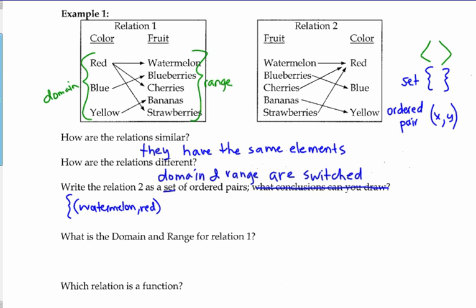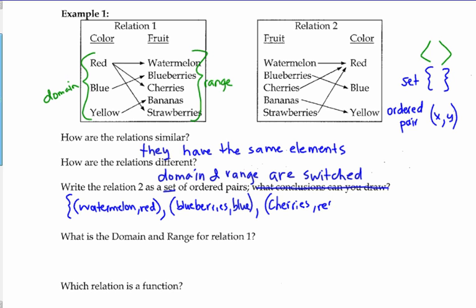Now, between ordered pairs, guess what we need? A comma between each set of ordered pairs. What's our next ordered pair in relation 2? Blueberries, comma, blue. And then another comma, because we're going to start a new ordered pair. Now it's going to be cherries, comma, red.